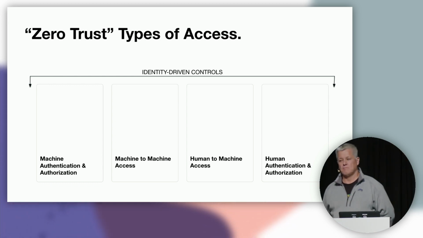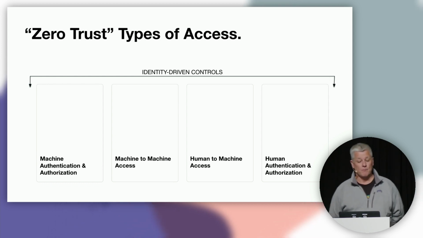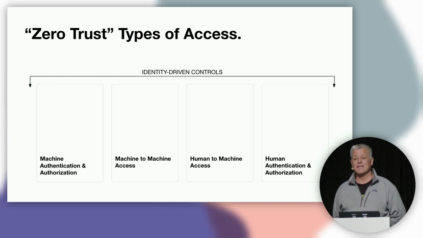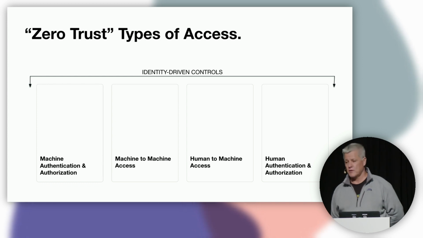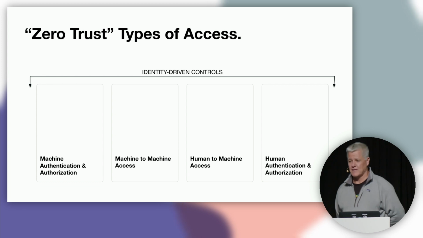So Zero Trust is trust nothing, but authenticate and authorize everything. Now, this doesn't mean that you don't trust the people who work for you. This doesn't mean you don't trust your clouds. You just verify, is that the person that they say they are?